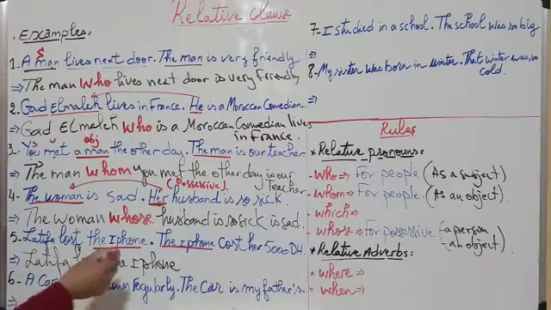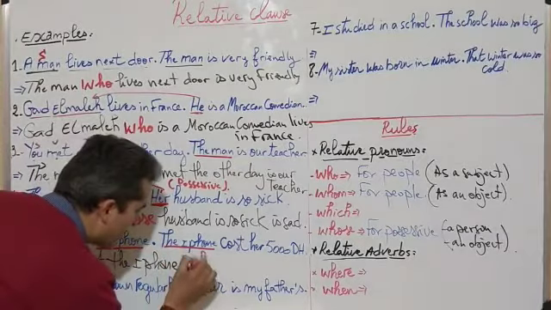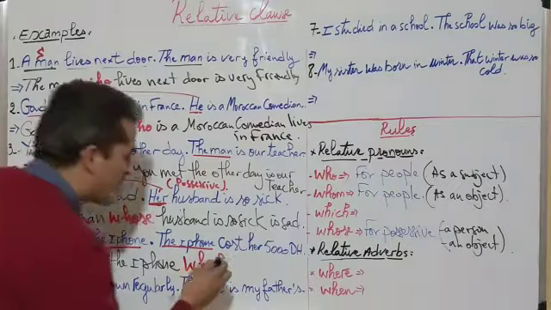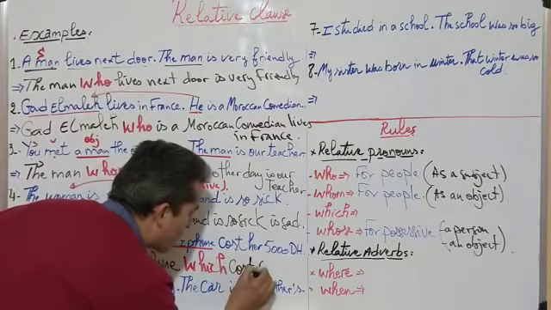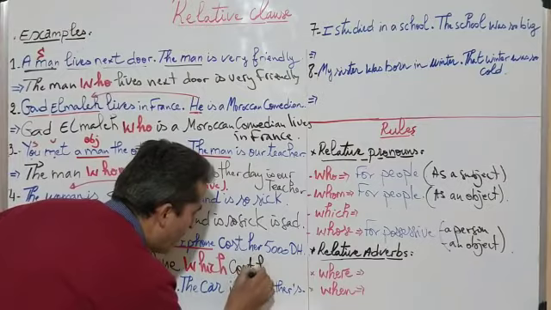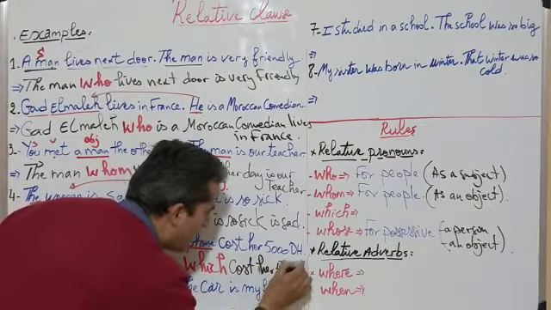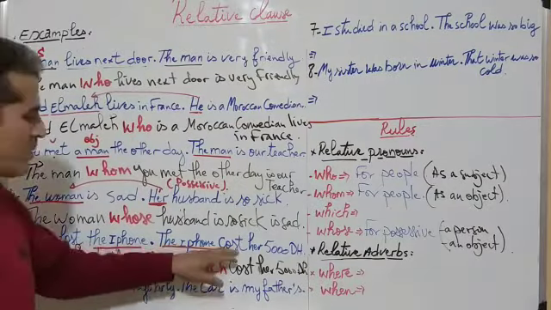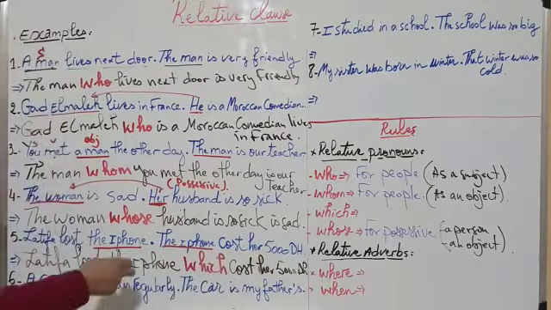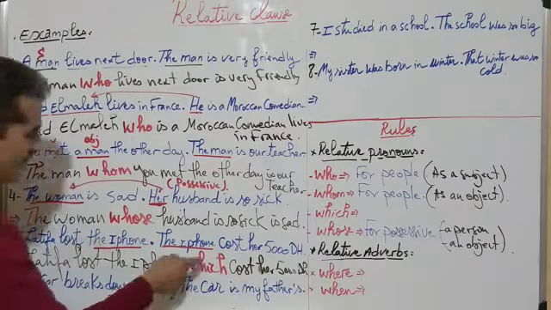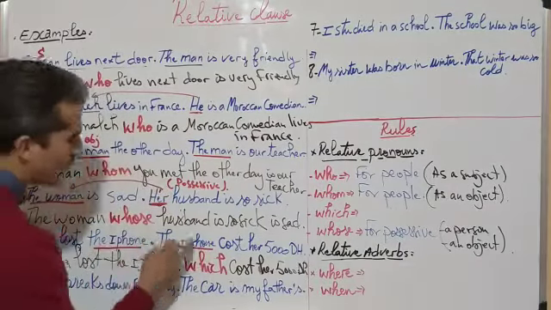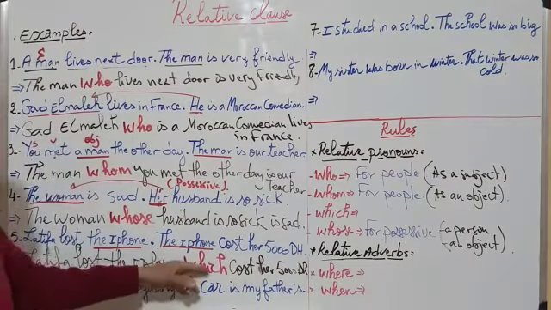So we are going to say Latifa lost the iPhone which. Here we use the relative pronoun which. Which cost her 5,000 dirhams. So cost is the verb in the past. We are not going to use the iPhone again because it is repeated, so we replace it with the relative pronoun which.